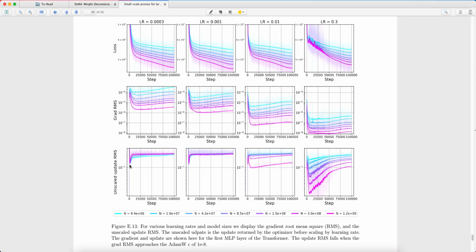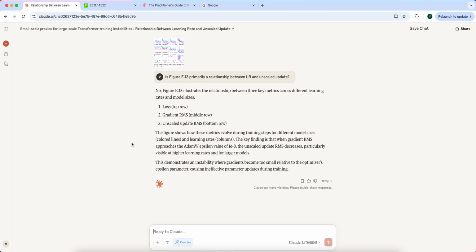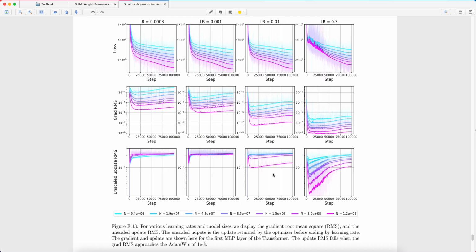Oh, I see. So this dip. I think it's saying this dip. I'm not 100% sure. Because when this falls here, that dip is kind of there. Yeah, I'm not super clear. Where gradients become too small relative to the optimizer's epsilon parameter, causing ineffective parameter updates during training.